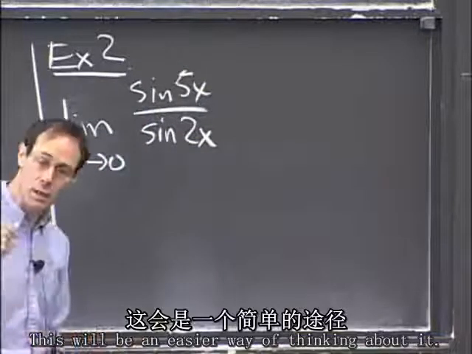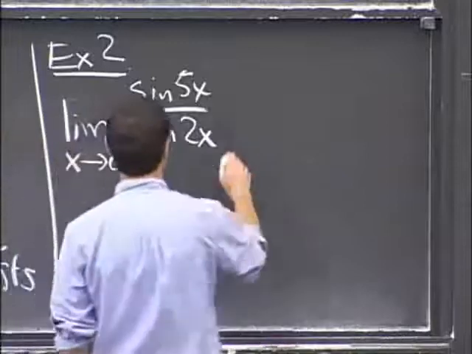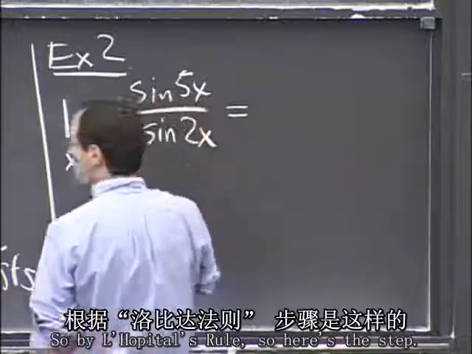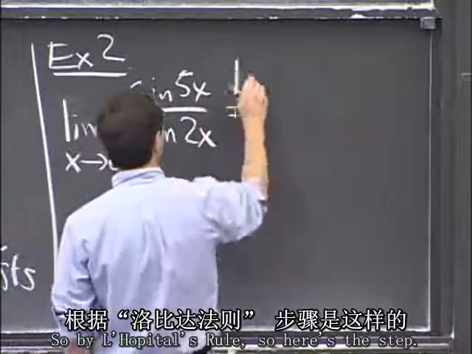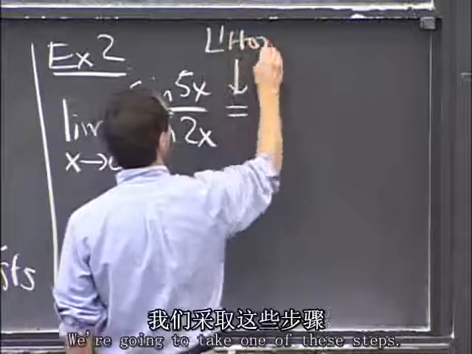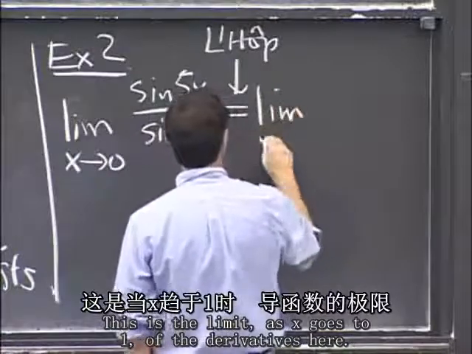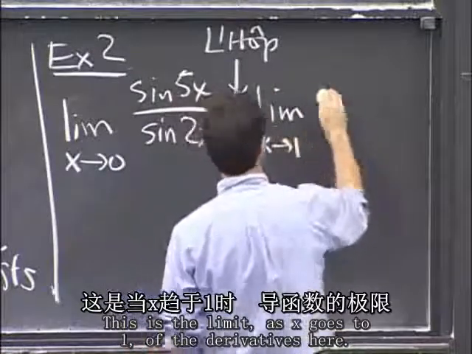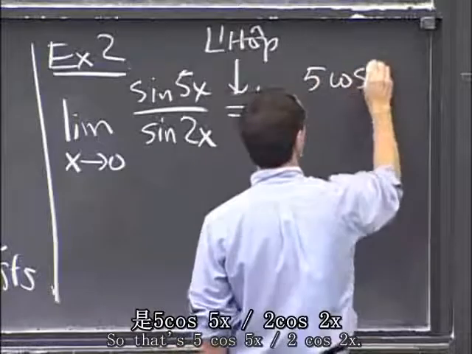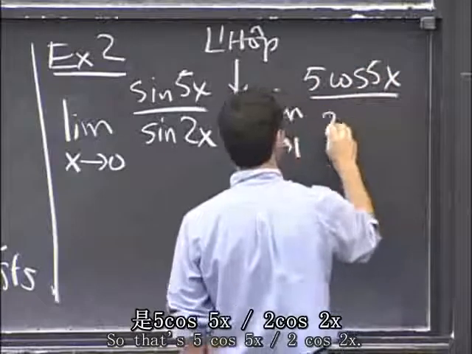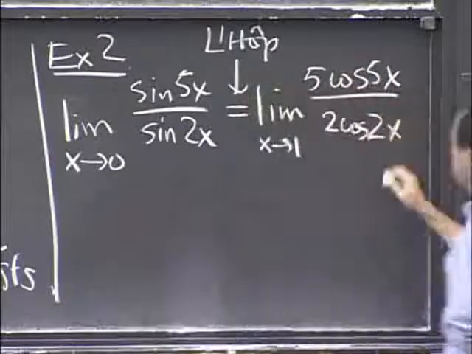This will be an easier way of thinking about it. So by L'Hopital's rule, so here's the step. We're going to take one of these steps. This is the limit as x goes to 1 of the derivatives here. So that's 5 cosine 5x divided by 2 cosine 2x.